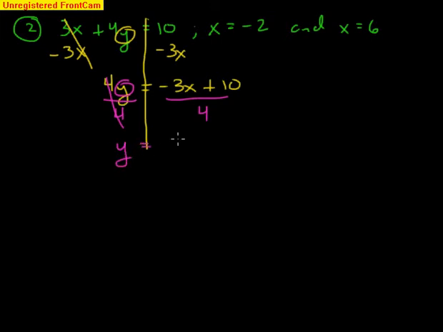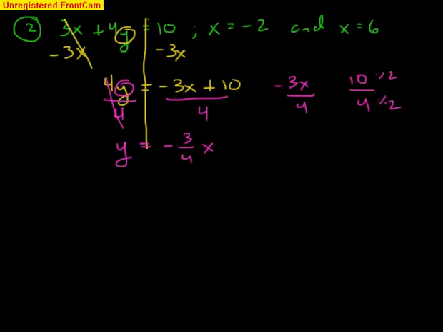Y equals, over here, this is again two divisions, -3x divided by 4 and 10 divided by 4. -3 and 4 do not share any common factors, so you get -3/4 x. Notice the x comes after. 10 over 4, they share some common factors, right? I can take a 2 out of both of them.